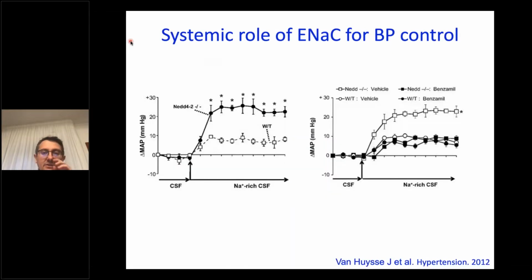However, ENaC is also expressed in other organs like the lung, the vessels, and also the brain.